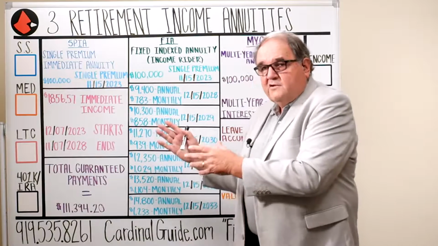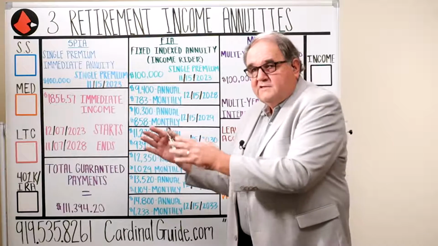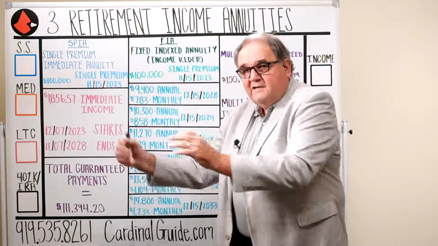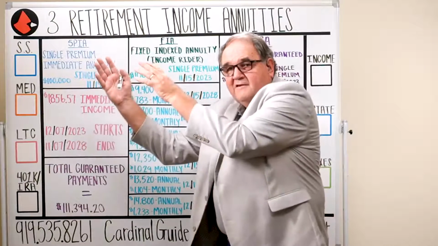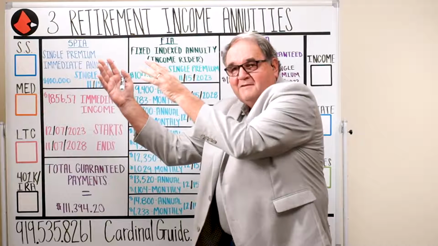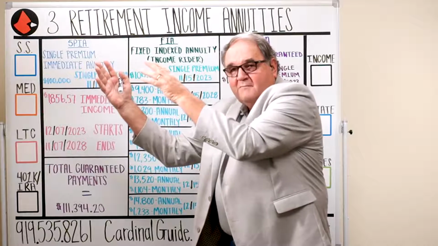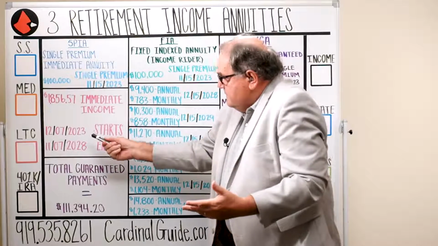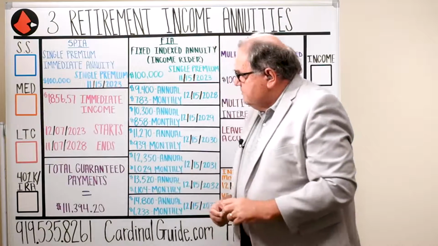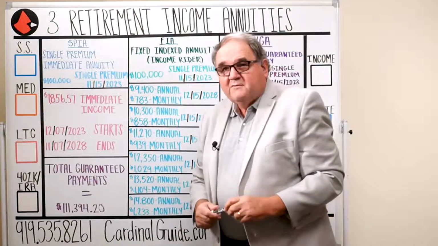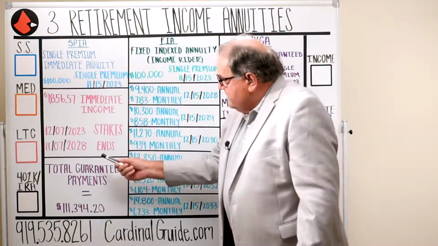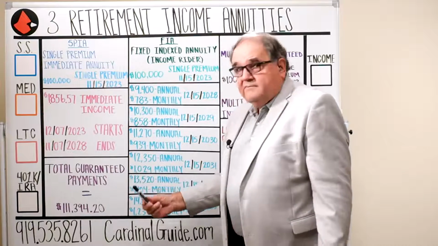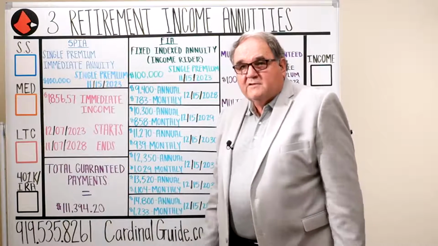But we're just trying to show you an example of a tool where you set aside some of your money and deplete it over 5 years, while you let the rest of your money grow during that time to make up for the loss of principal. In this example, the first check starts December 7th, 2023, and the last check comes in November 7th, 2028. So it's a replacement for a Social Security check.